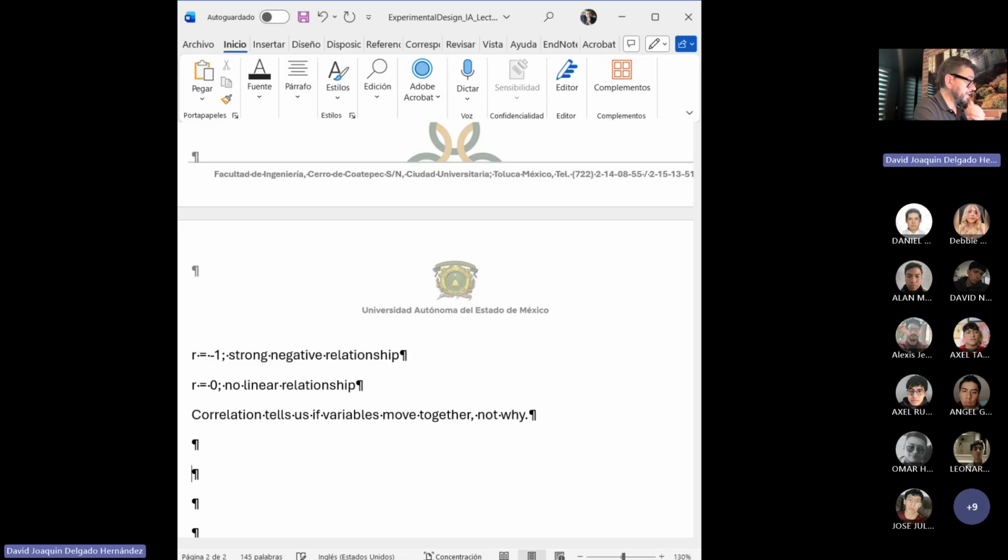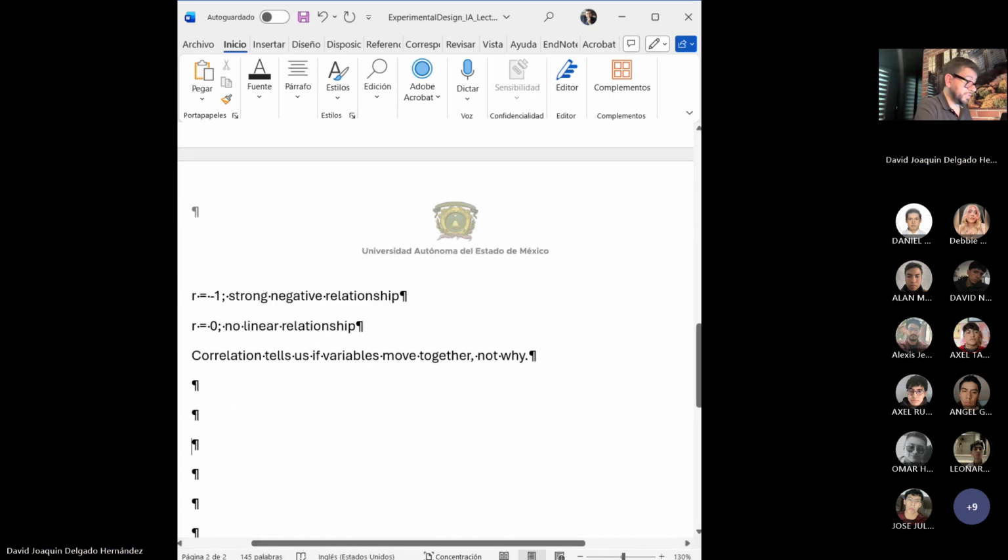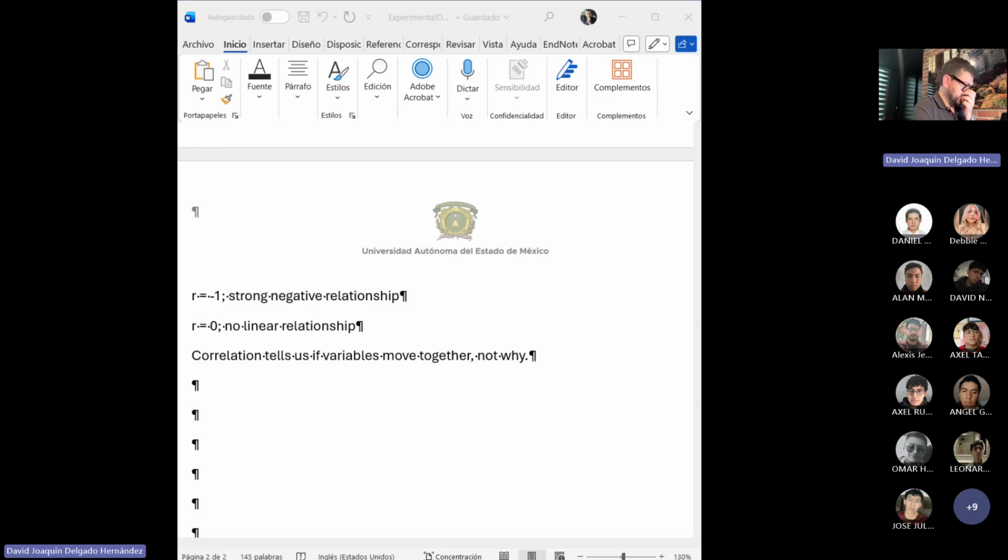So you just have an idea about how these are moving, okay? So let me put some images here.